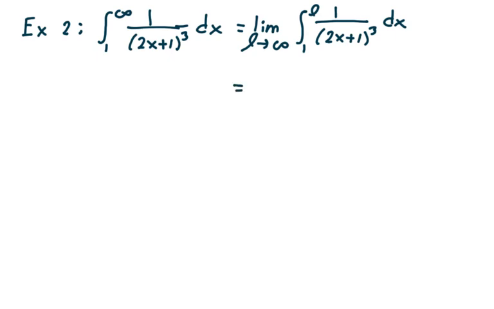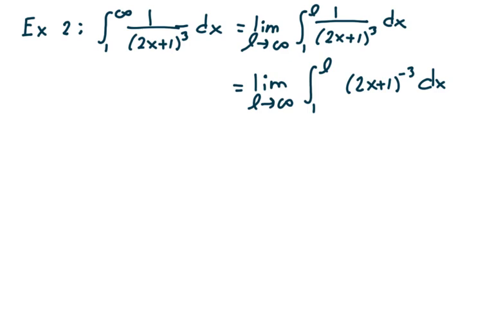Now, this is the limit as L goes to infinity of the integral from 1 to L of (2x plus 1) to the negative 3 dx. Now, here's my question. Isn't the derivative of 2x plus 1 2?